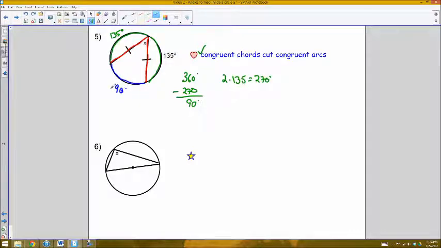Well, if this arc is 90, and x is an inscribed angle, meaning its vertex is on the circle, then x would have to be 1/2 of that 90 degrees, which is 45 degrees. So we can use theorems like this to help us in more quickly solving circle questions.